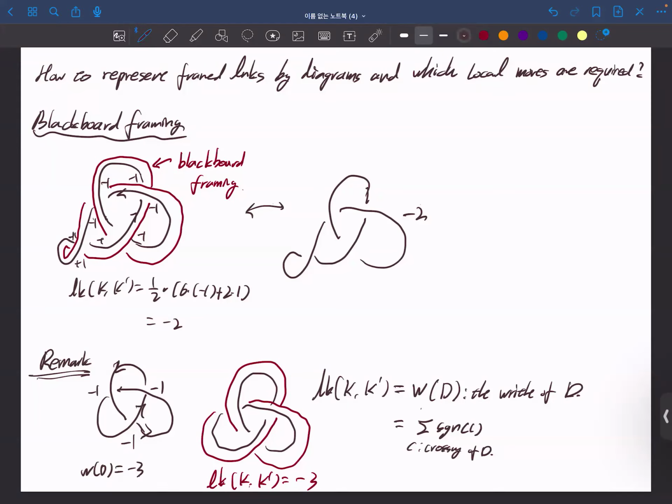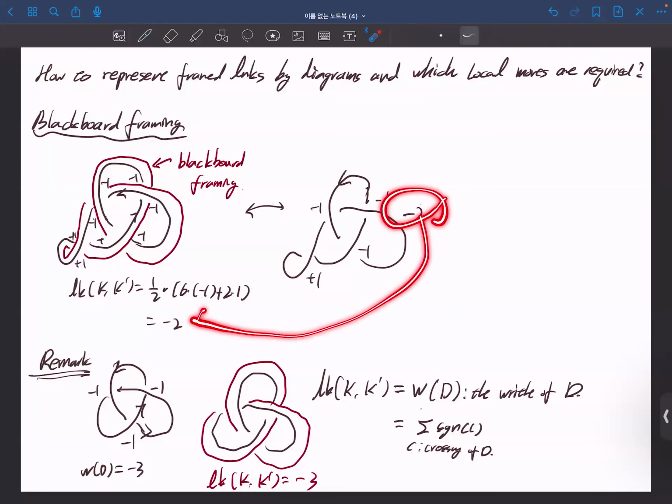Moreover, in this diagram, the original diagram is this one, and if you calculate the writhe of this diagram, then actually it is equal to -2, which is equal to the linking number between the original knot diagram and its blackboard framing.